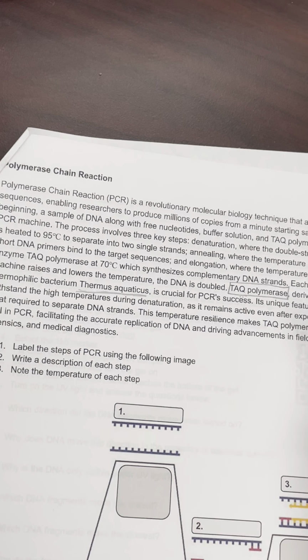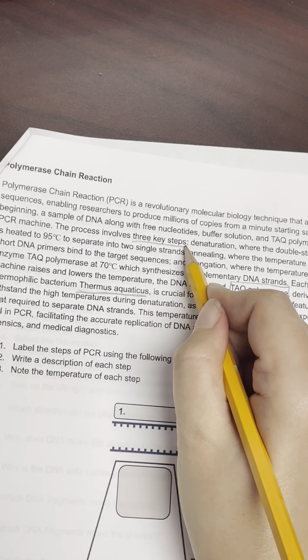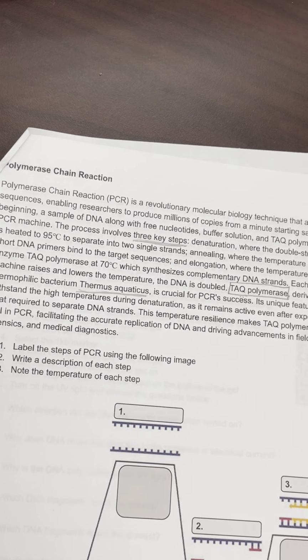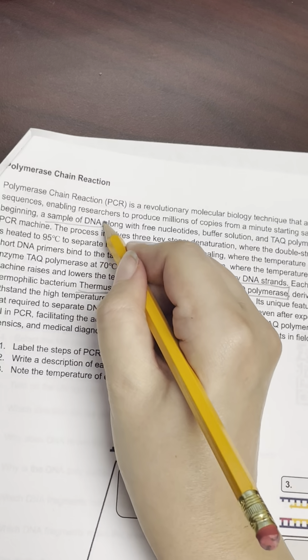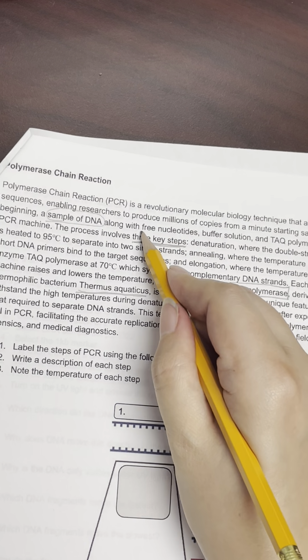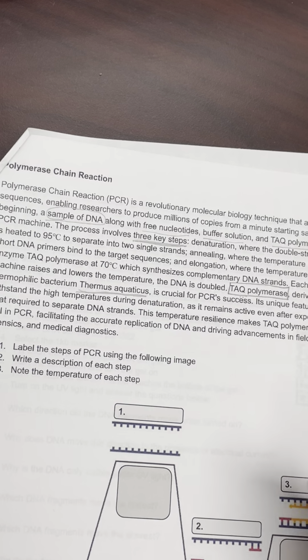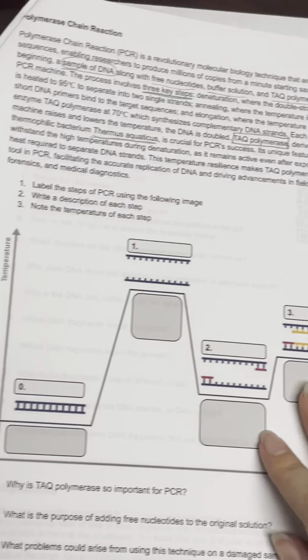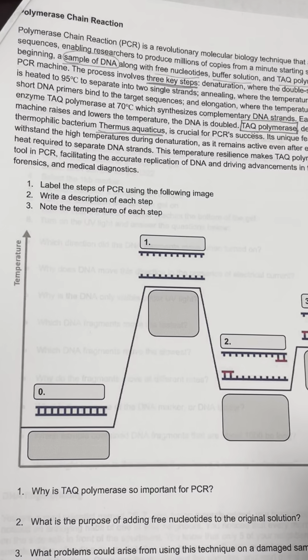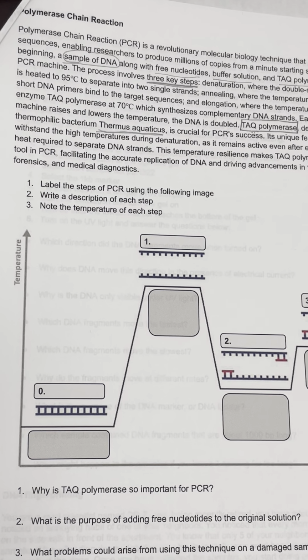Now, this happens in 3 distinct steps. So we're going to go over these 3 steps in a moment. But prior to beginning, we have to have a sample of the DNA along with free nucleotides, a buffer solution, and the Taq polymerase. So when we are looking at this activity, it says label the steps of the PCR using the following image.